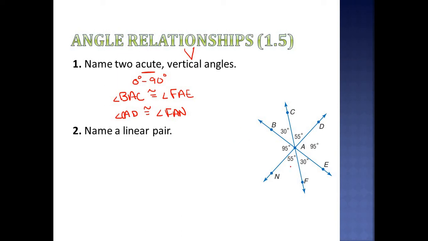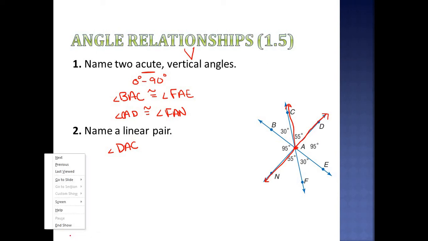Let's look at this line right here, line DAN, or line DN. We could take any ray here from point A, such as ray AC, and we have a linear pair. We could say angle DAC.